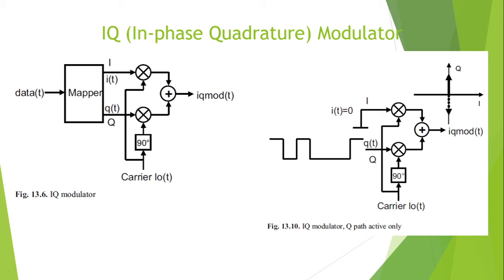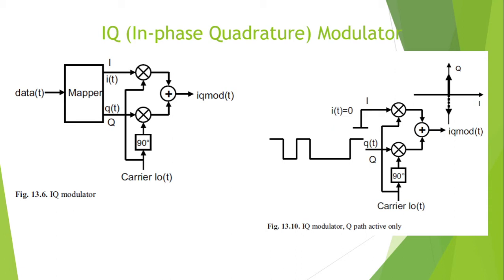If I of t is at 1 volt, for example, the I mixer will output a carrier signal with a constant amplitude and 0 degree carrier phase. If Q of t, on the other hand, is at 1 volt, the Q mixer will output a carrier signal with a constant amplitude but 90 degree carrier phase. See figure number 10.